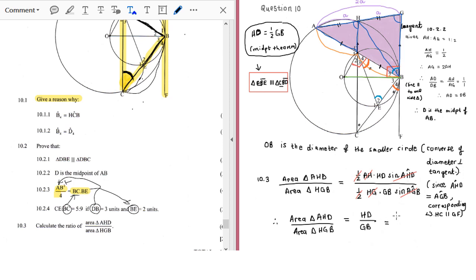For HD, we're going to substitute 1/2 GB, and that's still divided by the side GB. Again, the GBs will cancel each other out, leaving us with a ratio of 1/2. So that will then be the ratio of the areas of these two triangles.